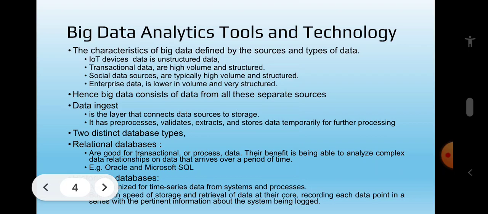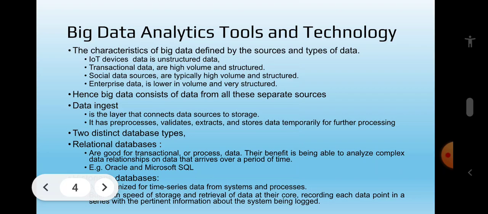Relational databases process and store the data. The benefit is being able to analyze complex data relationships on data that arrive over a period of time. Oracle and Microsoft SQL are relational databases.